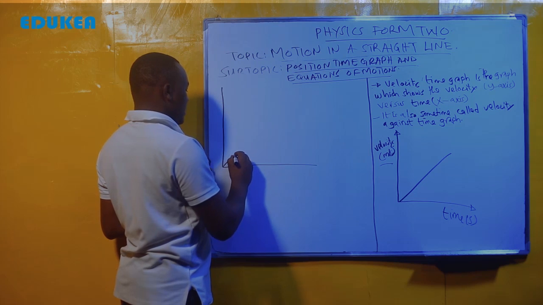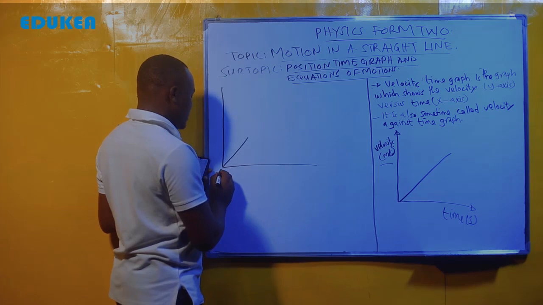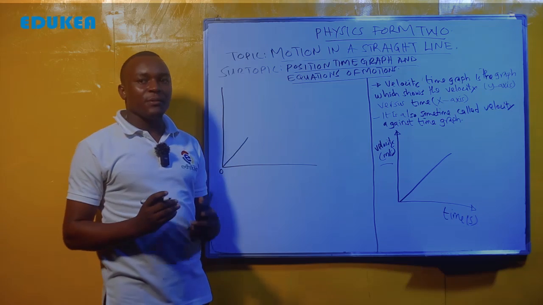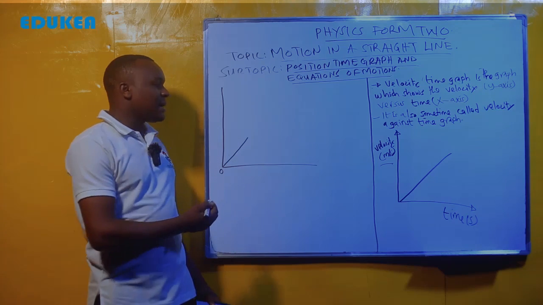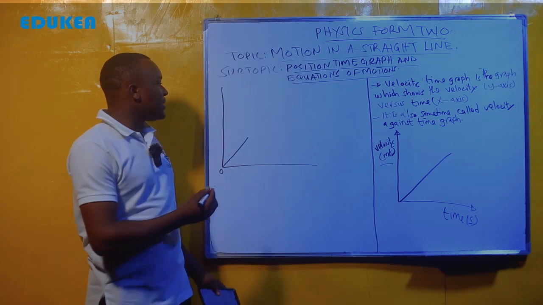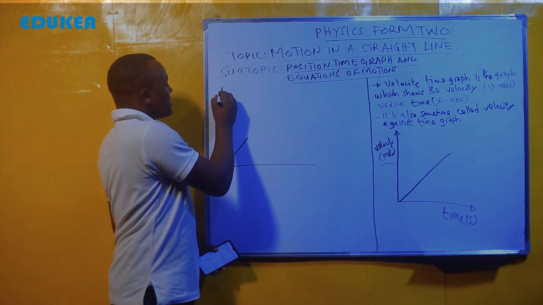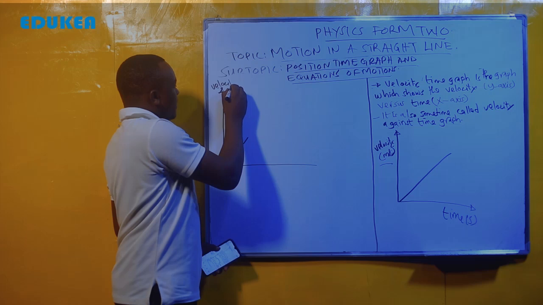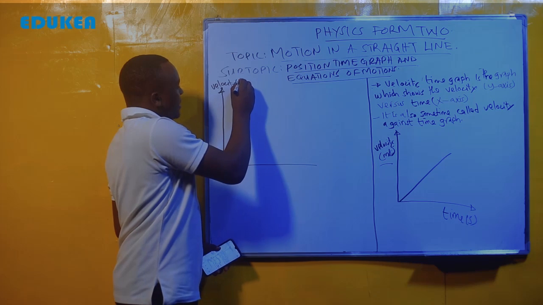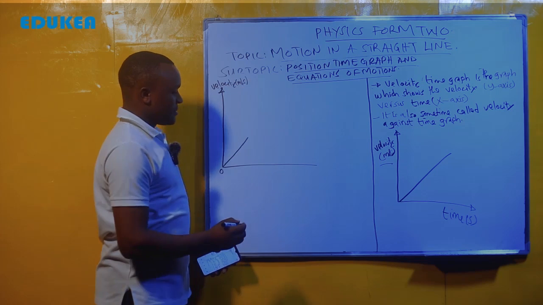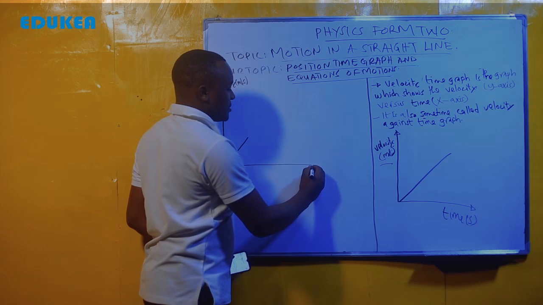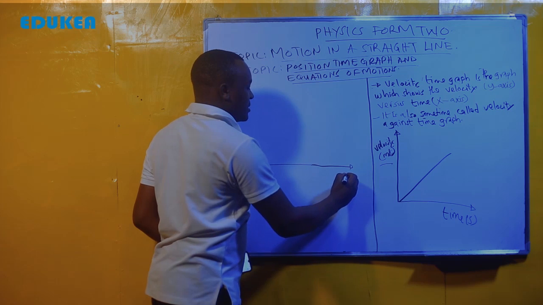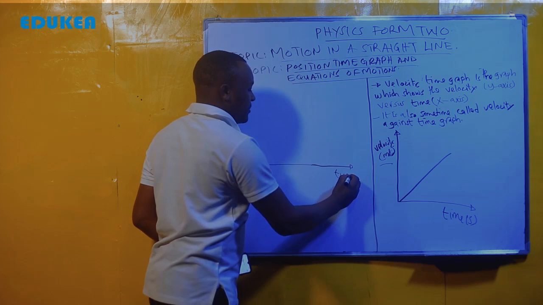At rest means there is 0 meters per second, which is the initial velocity. On the vertical axis there is velocity in meters per second, but on the horizontal axis, the x-axis, there is time in seconds.